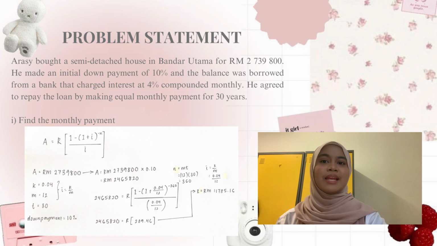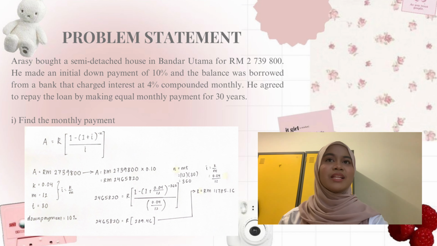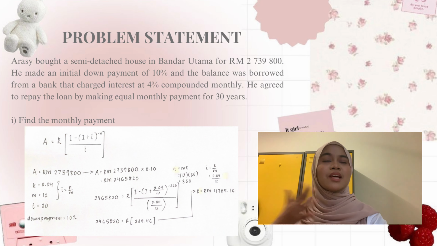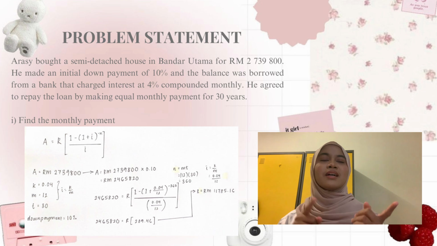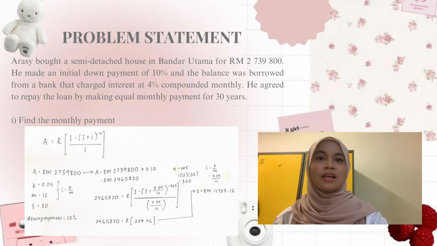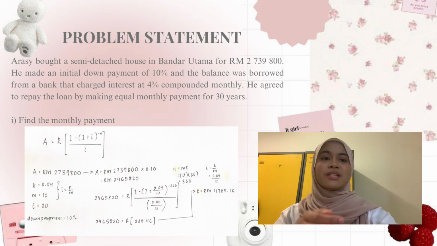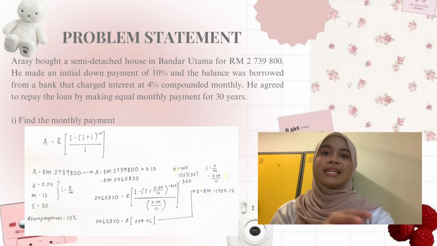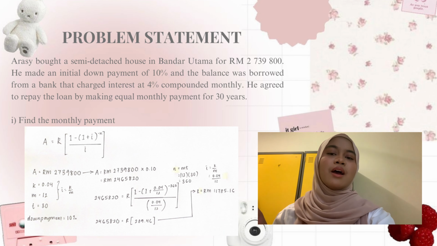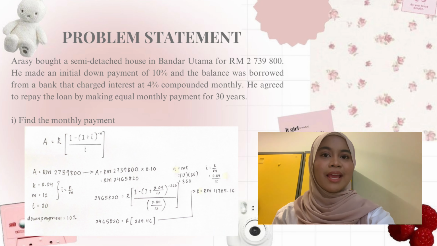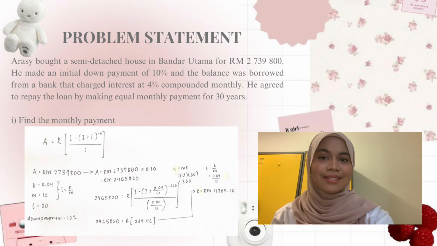But when it is moved to the left side, it will become divide instead of multiply. Why? Because on the right side, it is already multiplied by R. So when it crosses the equal sign to the other side, it becomes the opposite sign. So if we press the calculator, we will instantly get R equals 11,785 ringgit Malaysia 16 cents.